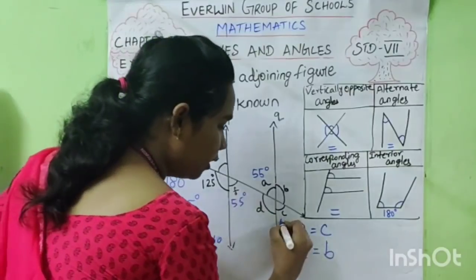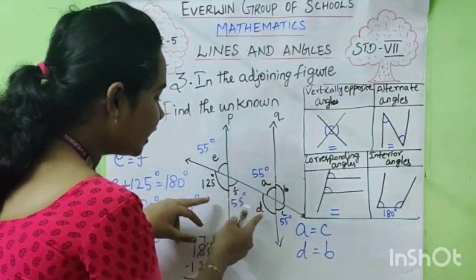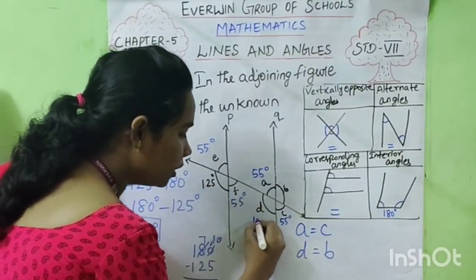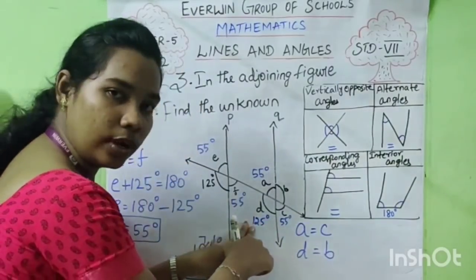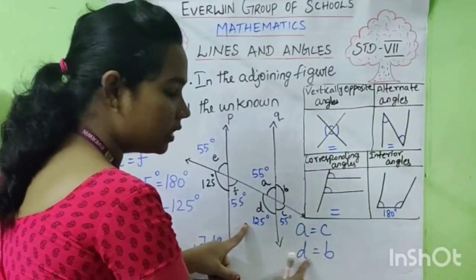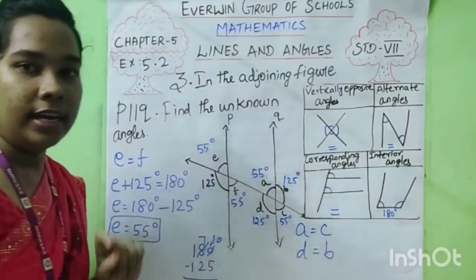Next, D is corresponding to 125 degrees, so this D is 125 degrees. If D is 125 degrees, then B is also 125 degrees because D equals B.